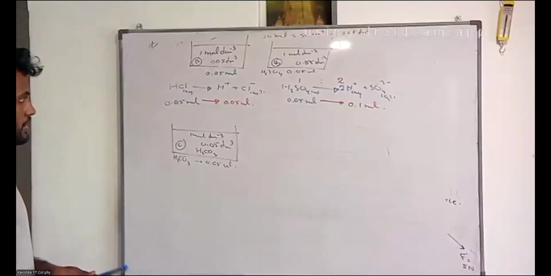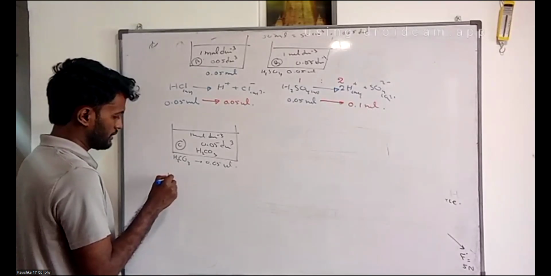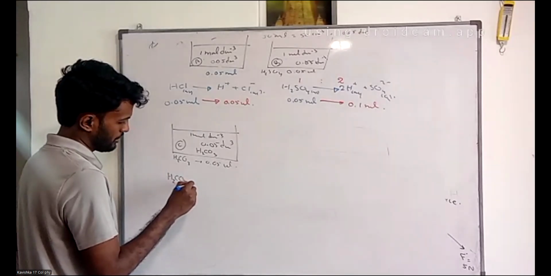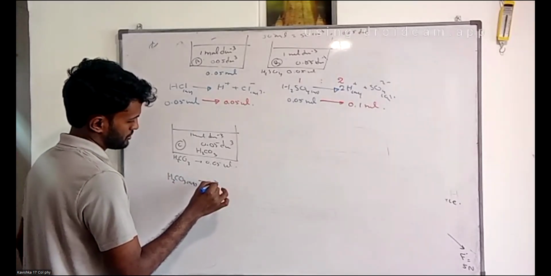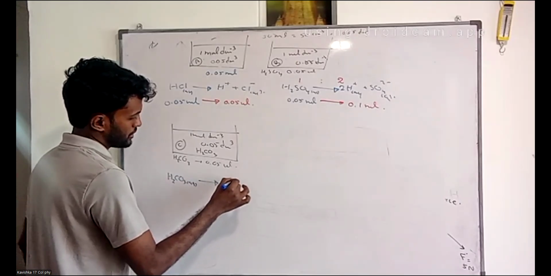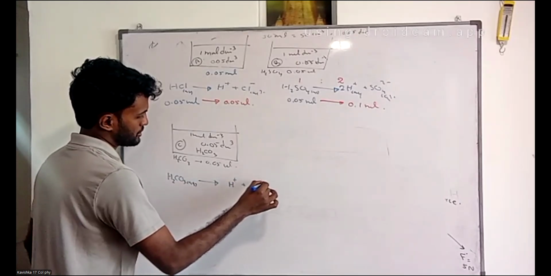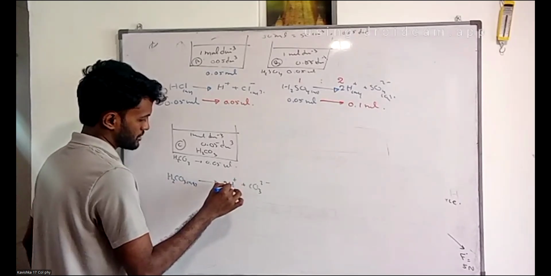H2CO3 is 0.05 moles. No, I'll use the same one. Here H plus and CO3 2 minus, and then balance it with 2H plus.